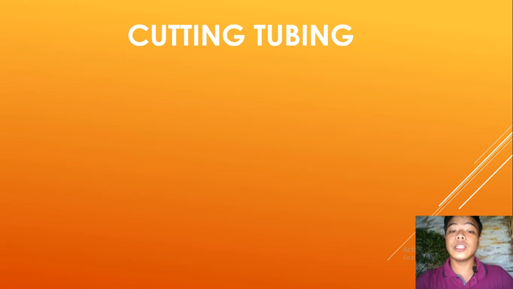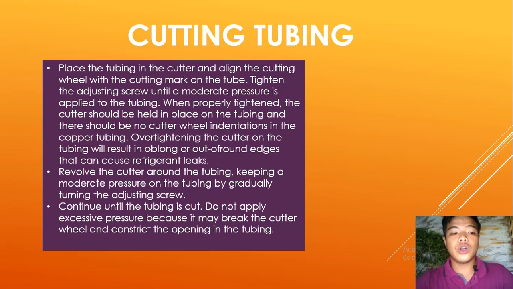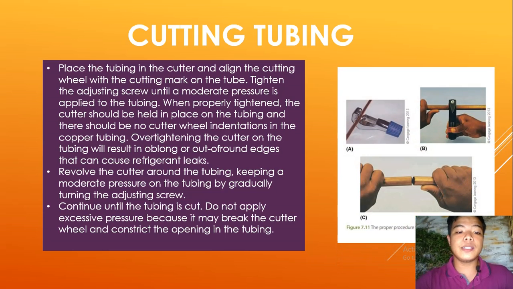So first process is cutting tubing. First, you have to place the tubing in the cutter and align the cutting wheel with the cutting mark on the tube. Tighten the adjusting screw until a moderate pressure is applied to the tubing.